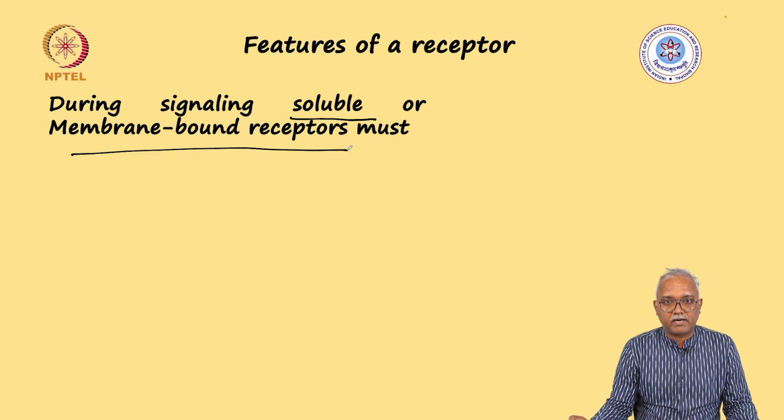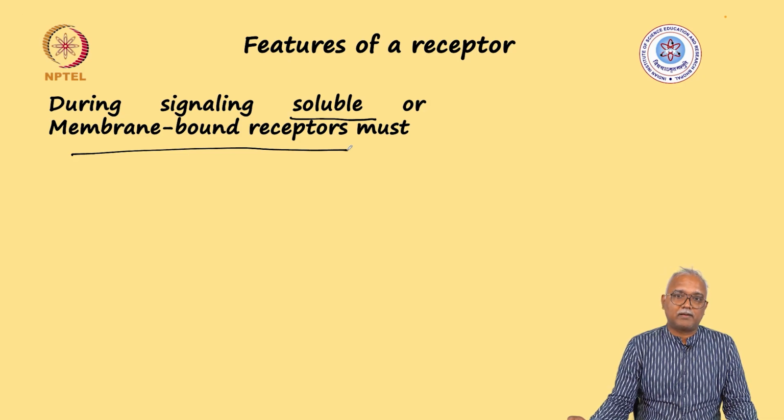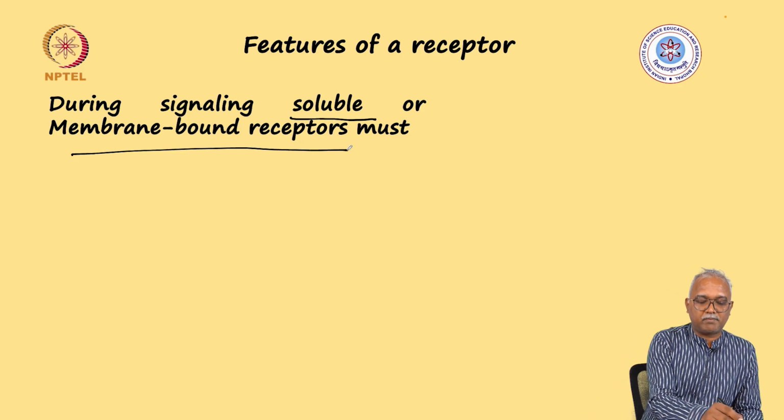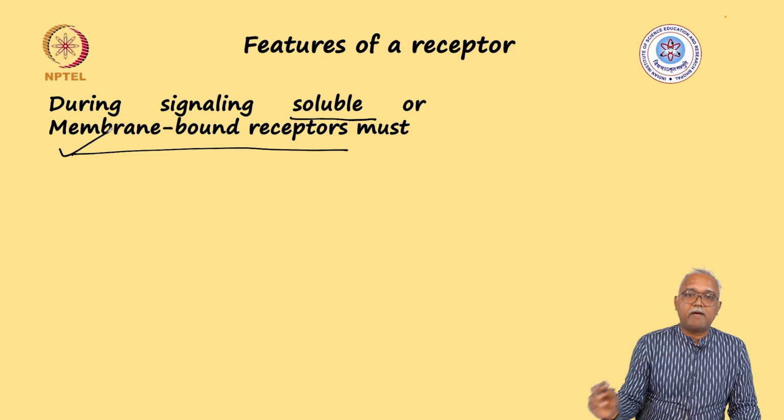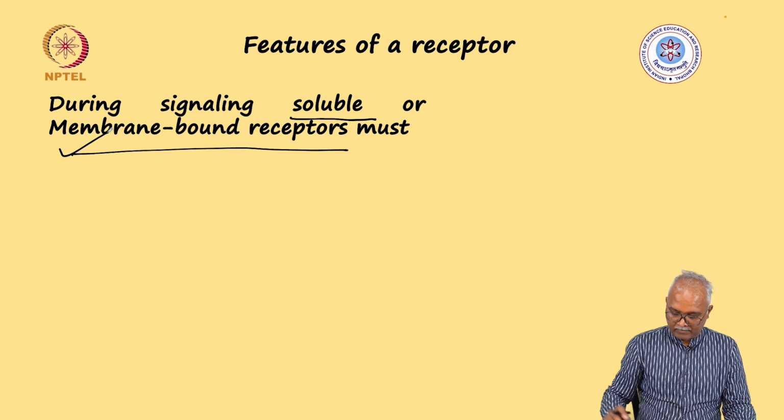Again, I would reiterate that soluble receptors are present inside the cytosol and they bind to the ligands or signals which come inside, crossing the membrane barrier. Whereas membrane bound receptors prefer binding to water soluble molecules which cannot permeate inside.